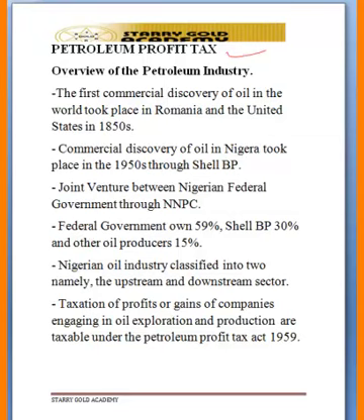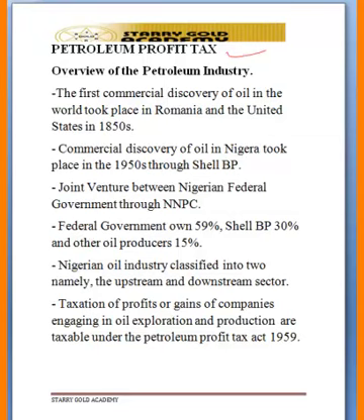Oil was discovered in Nigeria in the 50s. And after the discovery of oil, we all know what the agricultural sector is like now. Then came up the issue of joint venture between the Nigerian federal government through the NNPC.